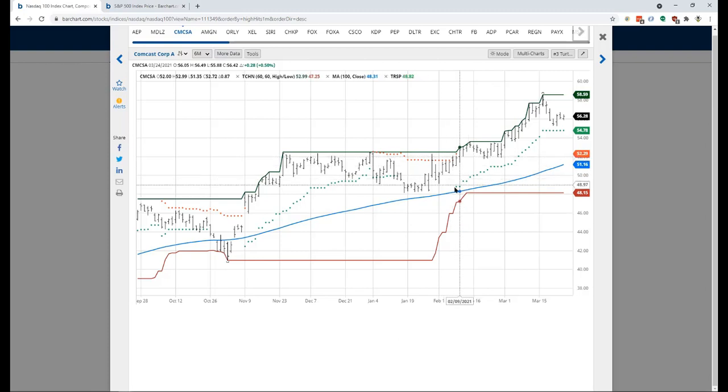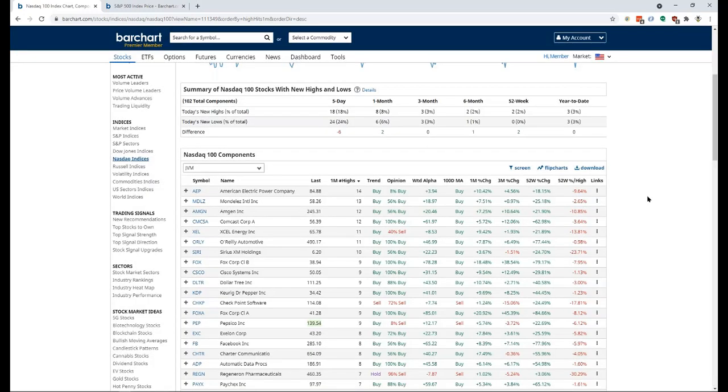When you've got a green line below the price, it's sort of a support line. Right over here in this area, I have both a red and a green. That will give you a hold signal. In other words, we don't know which way it's going to go from here on out, so we've got a hold signal.